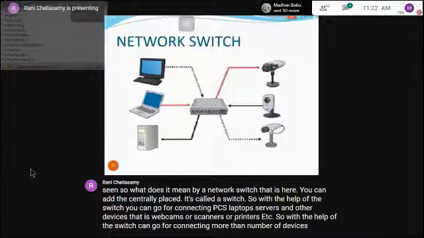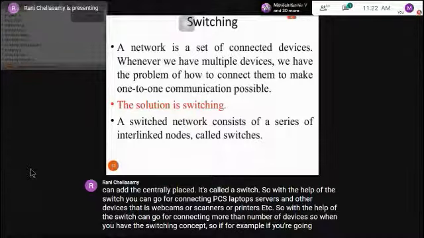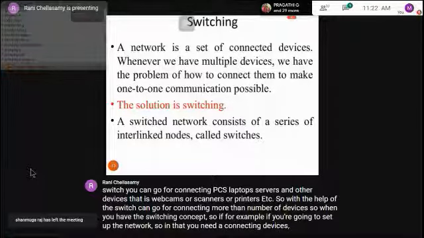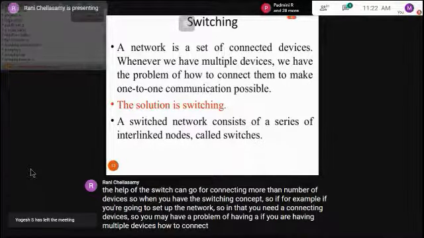Okay. So when will we have the switching concept? If, for example, you are going to set up a network, you need connecting devices. If you have multiple devices, how to connect them or set up a network becomes a problem.